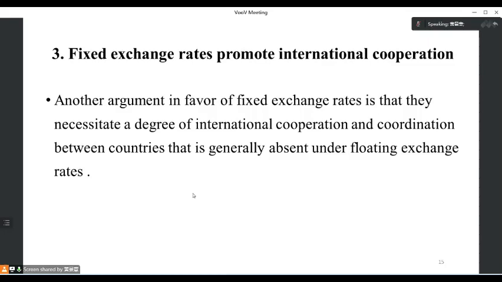Let's go on. Fixed exchange rate promotes international cooperation.